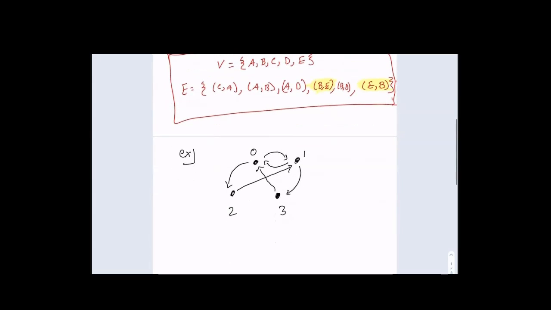Describe the network graph using set notation.